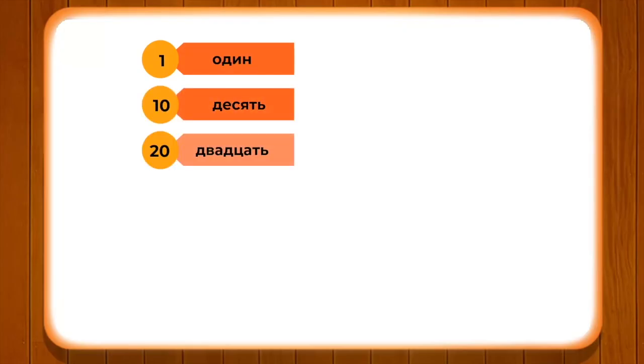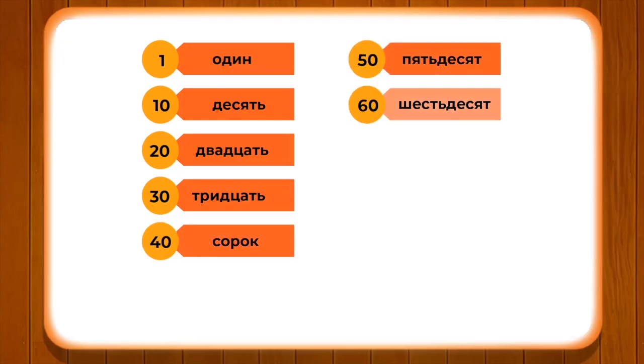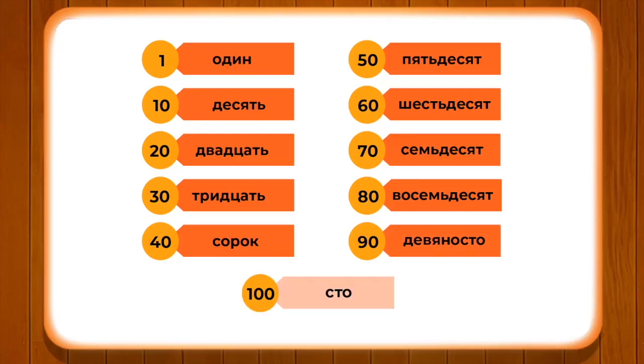You have also seen there is a very specific pattern where we count from 1 to 10. So we have 1, then we have 10, then we have 20, then 30, 40, 50, 60, 70, 80, 90 and 100.